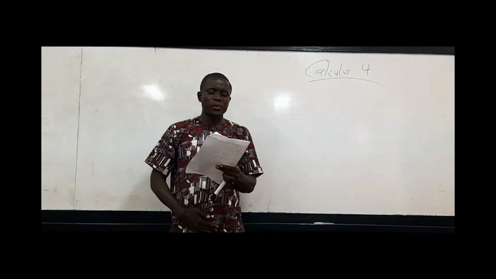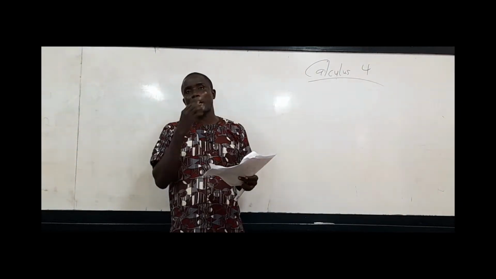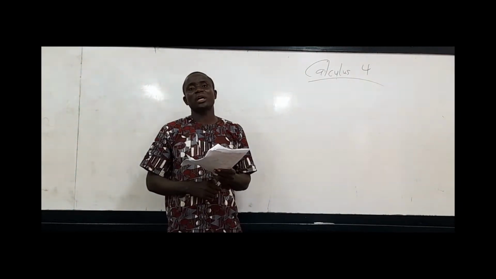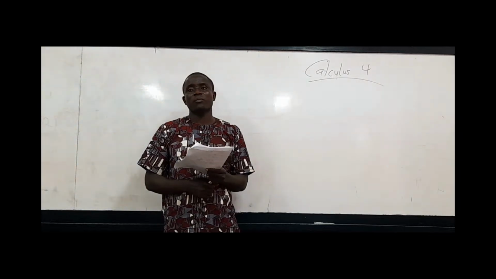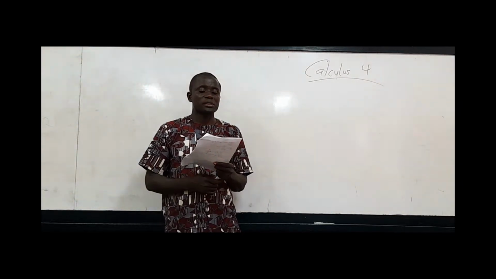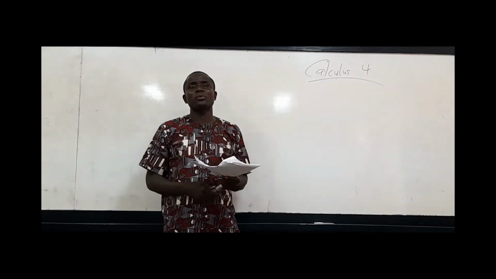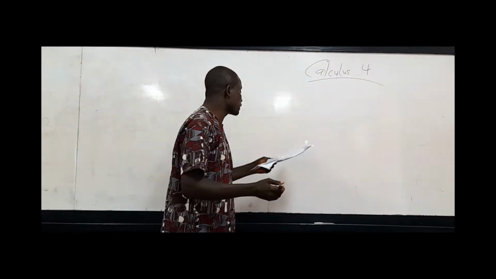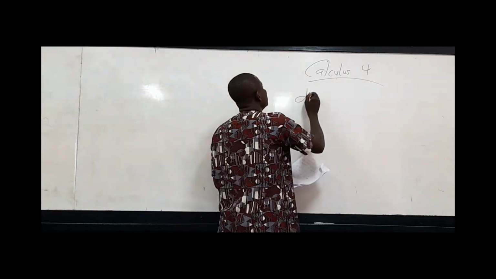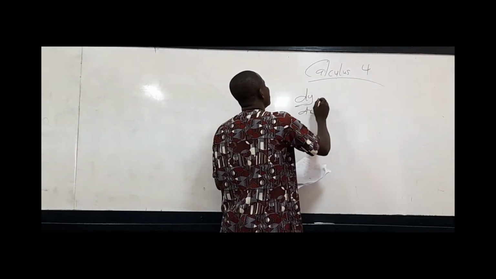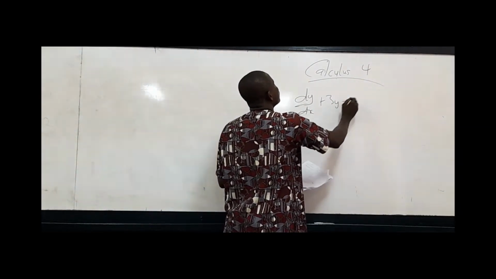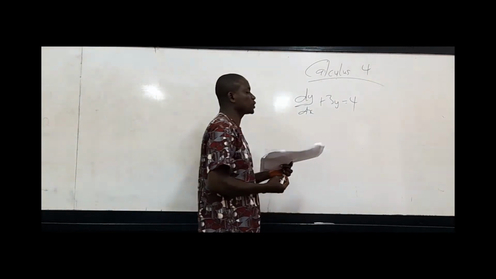So today we're going to talk about first order and second order differential equations. When we talk of a first order differential equation, for example, if I have dy/dx + 3y = 4, this is first order.